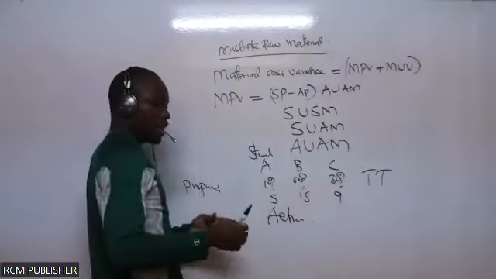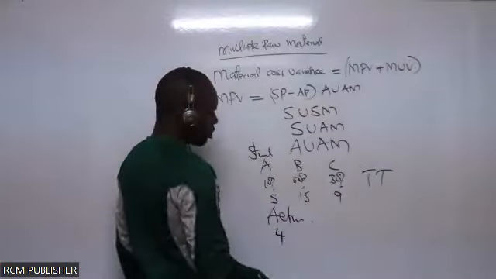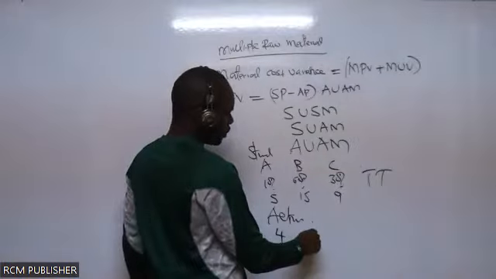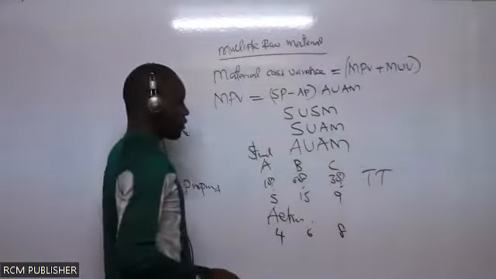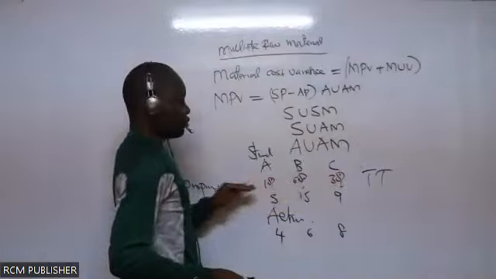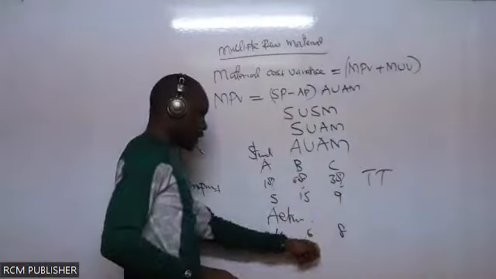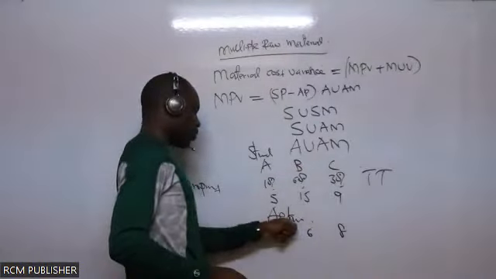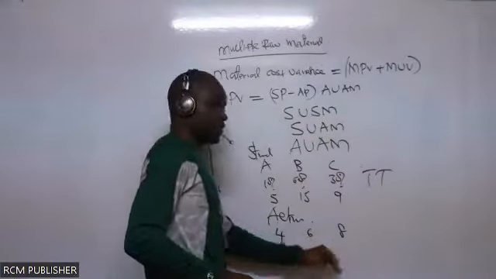I now look at the final product. What is the proportion of each? I have 4. I have 6. I have 8. Actual usage in actual mix will not be this proportion. It will now be the actual results. This is what I've actually achieved.